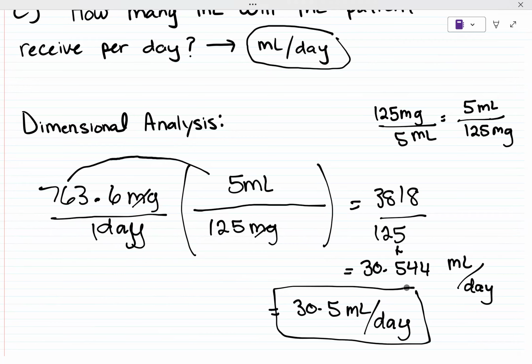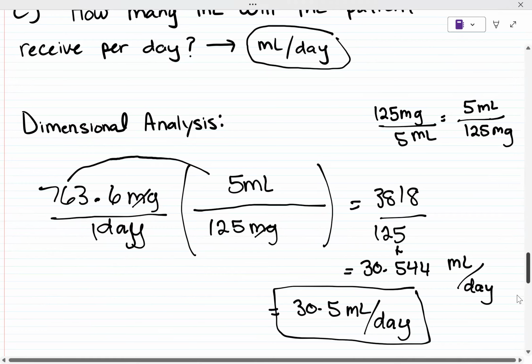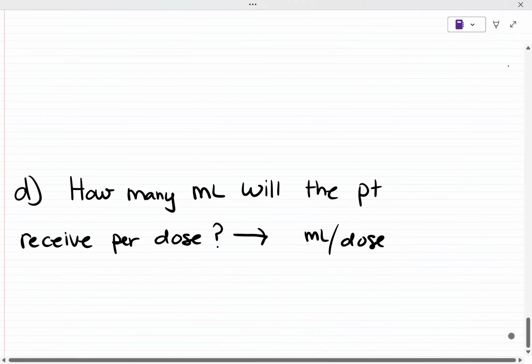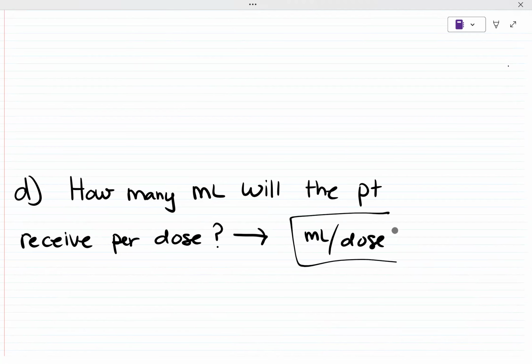Okay, last question. Part D is asking me the final part of the question. How many milliliters will the patient receive per dose? So your final answer shall be milliliters per dose.